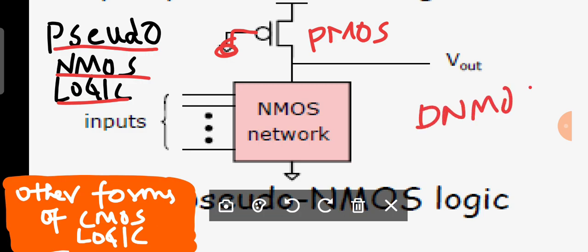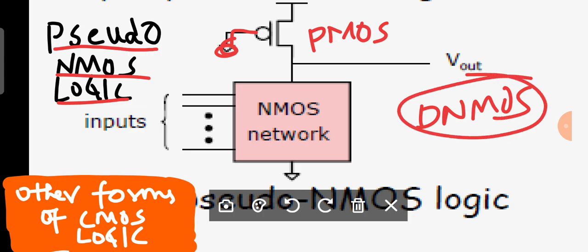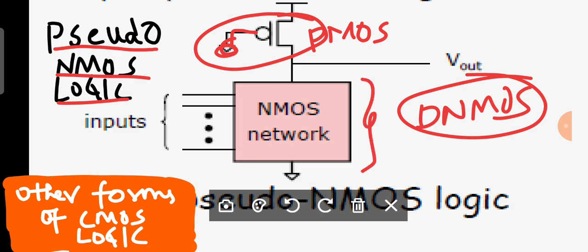Therefore it is looking like a depletion mode NMOS, and the evaluation logic is also an NMOS network. So it is totally looking like an NMOS network. Therefore it is called pseudo, that means pseudo in the sense of duplicate. Therefore it is referred to as pseudo NMOS logic.